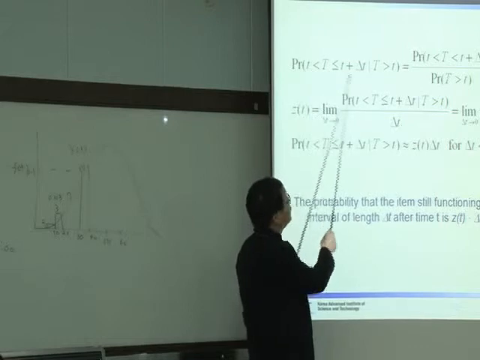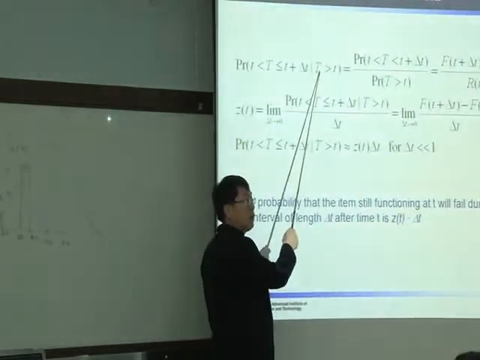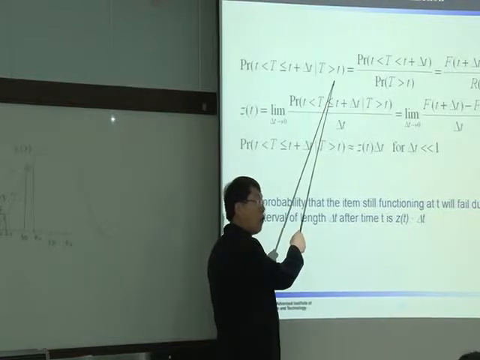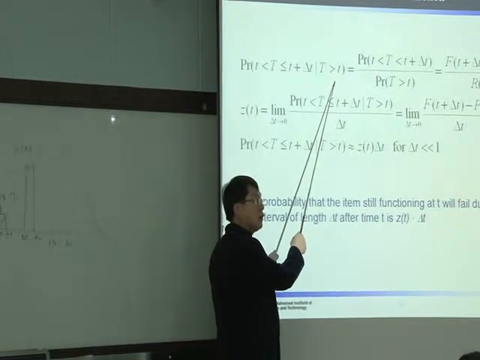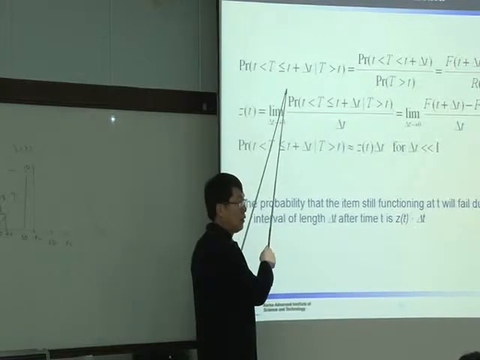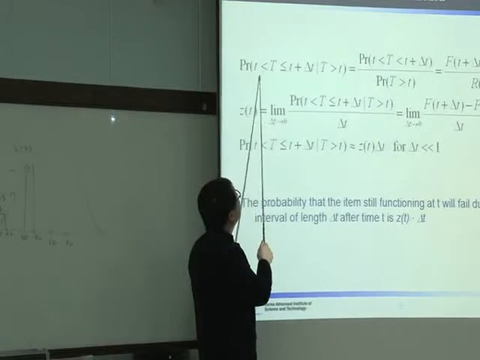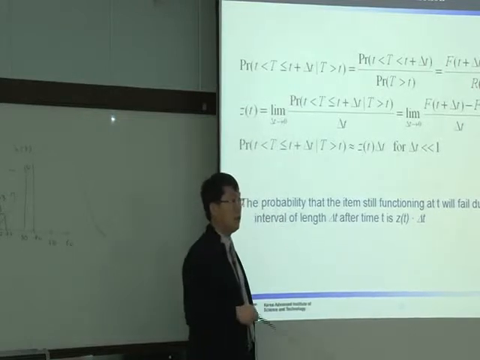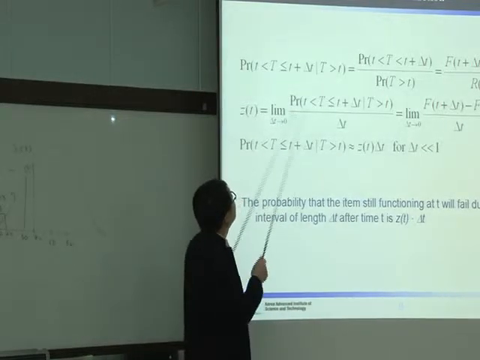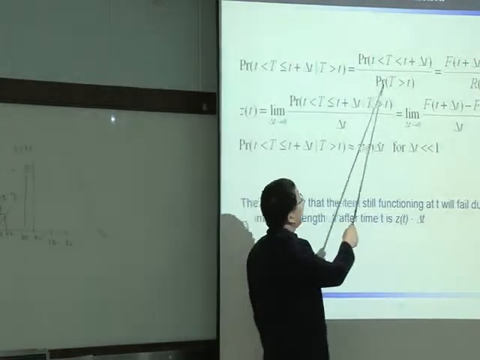The meaning of this equation is that their lifetime is greater than t. On that condition, what is the probability that their lifetime is greater than t plus delta t? This equation can be written like this.